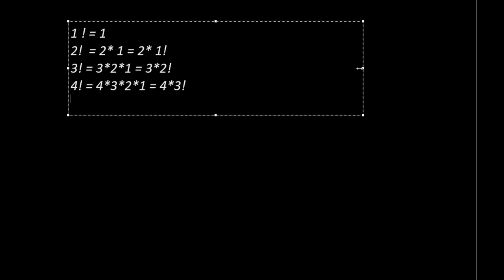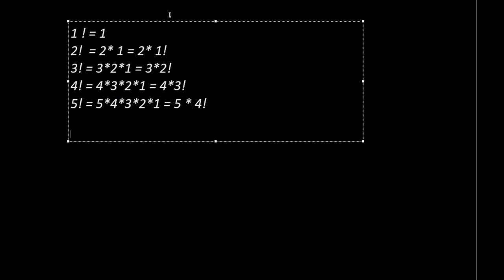In a similar way, the 5 factorial is 5 into 4 into 3 into 2 into 1. So how can I visualize 5 factorial with 4 factorial? In place of 4 into 3 into 2 into 1, I can write 4 factorial.